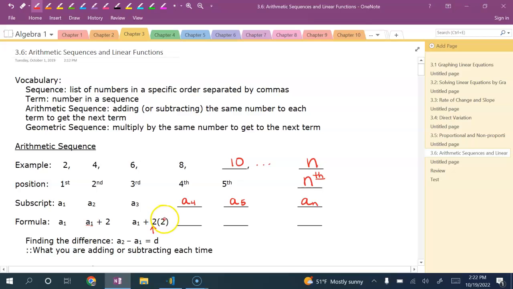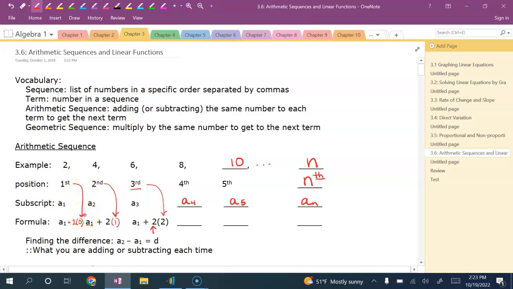And then the number 2 that's next to it is 1 less than the term that you're currently at. So since we're in the third term, I would put a 2 down here. So like this one technically is 2 times 1, because the 1 would be prior to the first term. And this one over here would be plus 2 times 0, because the first term before that would be no terms at all.